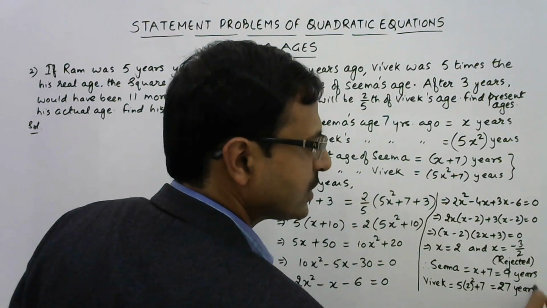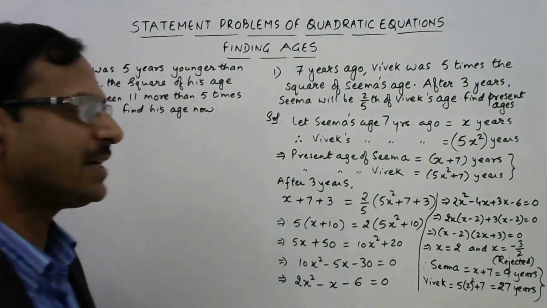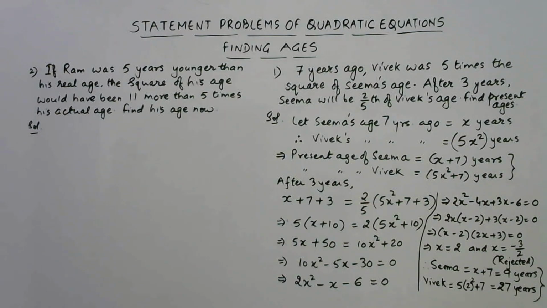So the answer for the question: Seema's present age is 9 years and Vivek's present age is 27 years. Students, a very important question, and you cannot just let go of this question and appear in your CBSE exams.